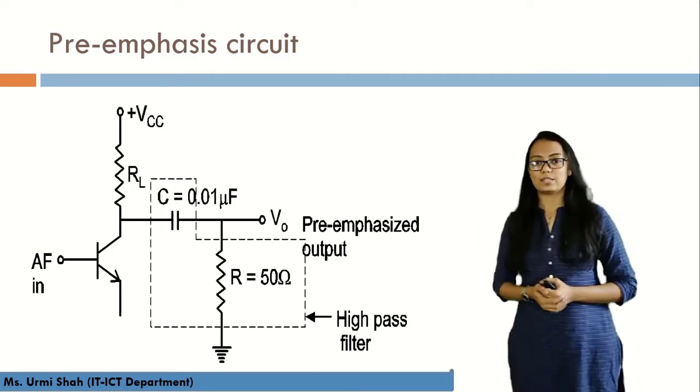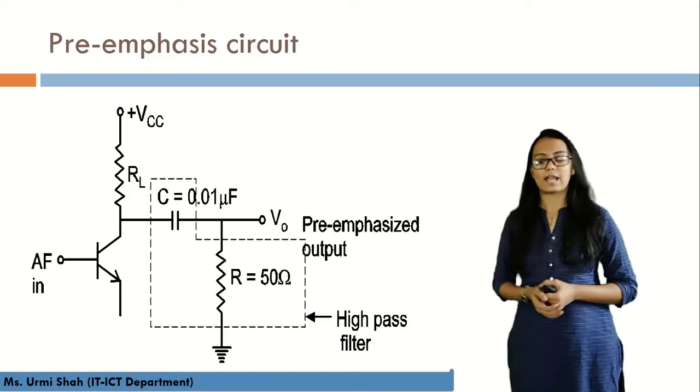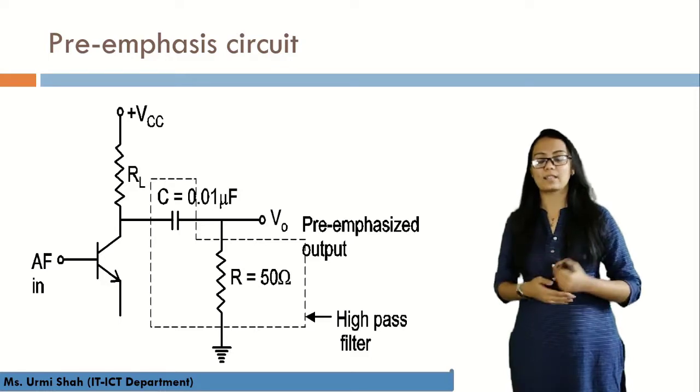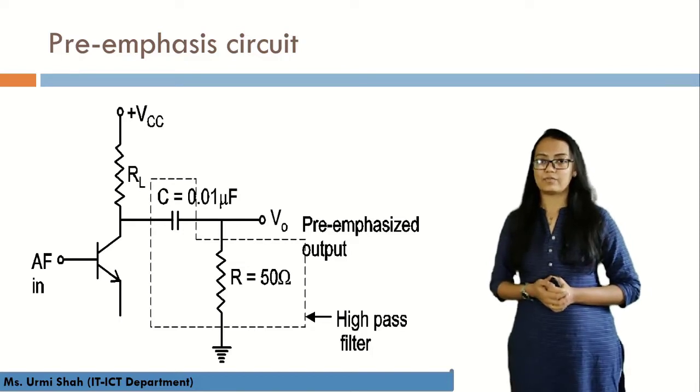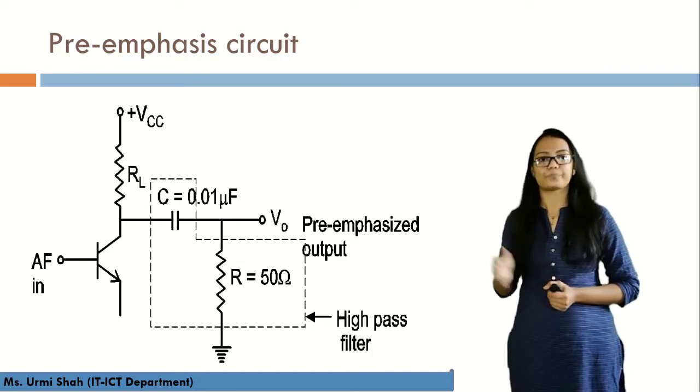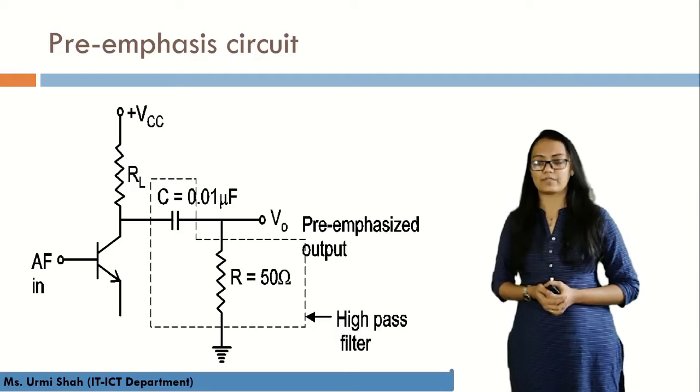This input is applied to the transistor circuitry, and then we have the RC circuit, which is nothing but the filter circuit that passes the high frequency signals, and this way we get a preemphasized output. So this is the circuitry for preemphasis.